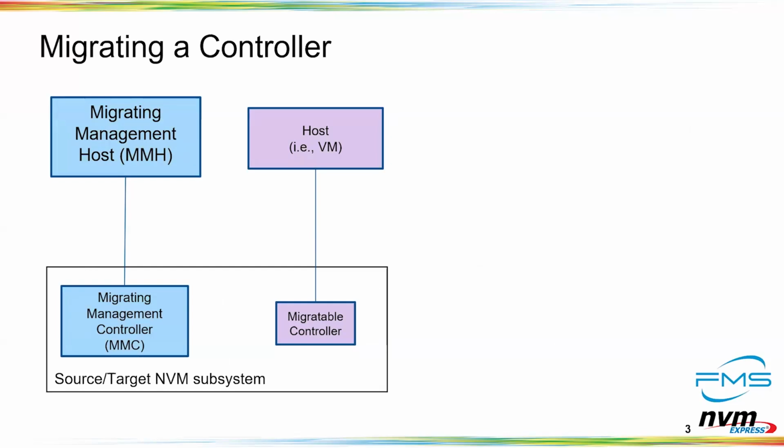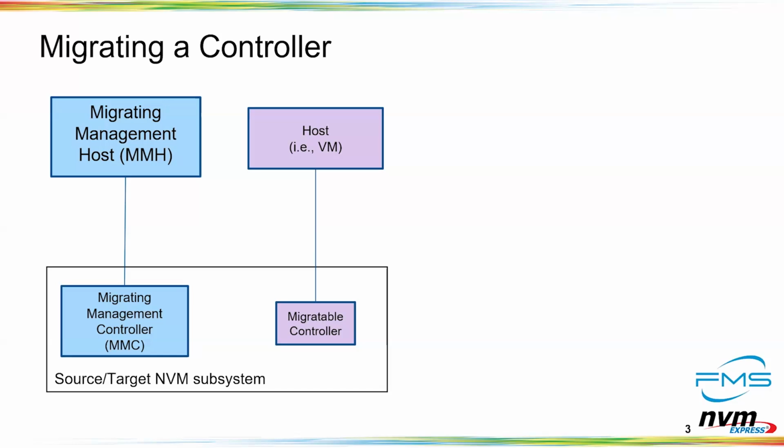Before I get into the full details, what I'm presenting here is that live migration really has a set of hosts and a set of controllers in potentially different NVM subsystems. To help with this presentation, I'm color coding these different controllers and hosts to make it clear which ones are doing the operations and which ones are pointing to or identifying other objects within the system.